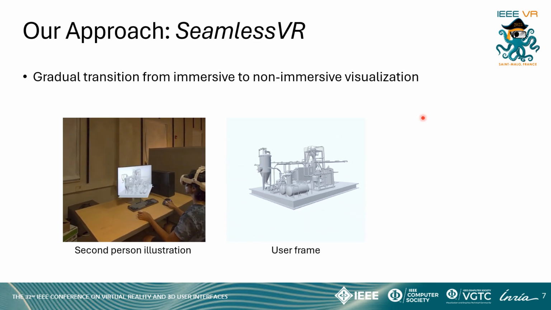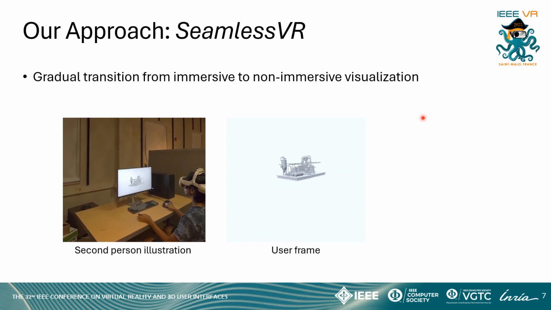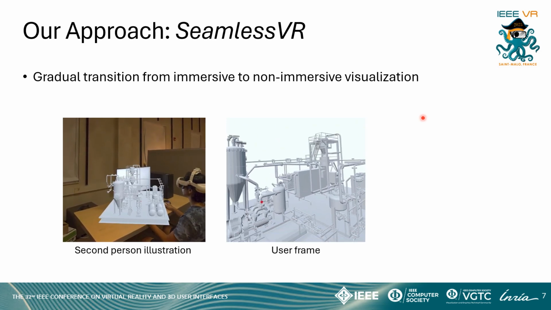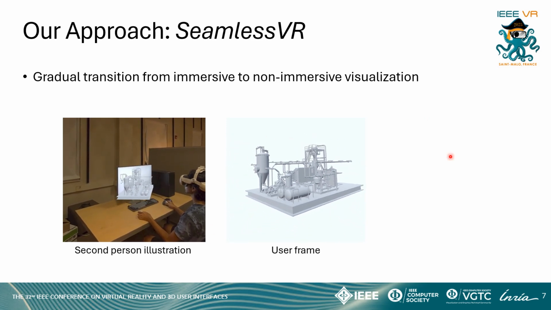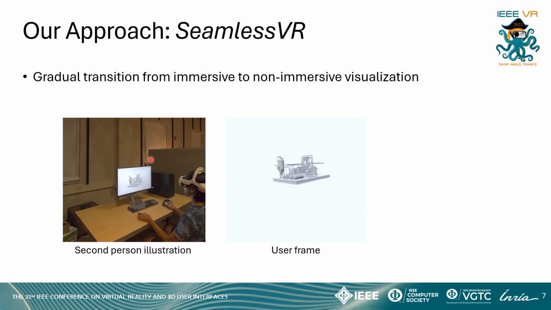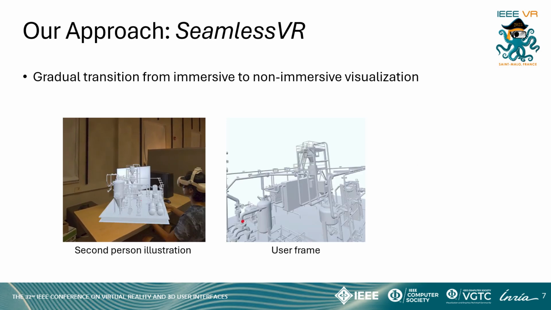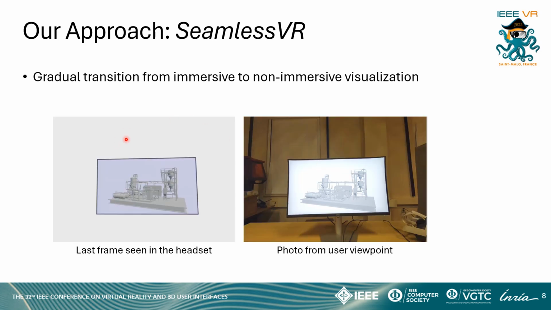When the user initiates the transition, the virtual environment is scaled, translated, and flattened to align with the 2D screen. This way, what the user last sees in the headset is close to what the user first sees on screen.